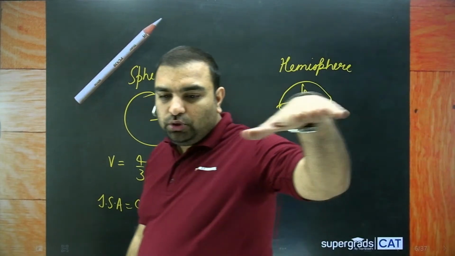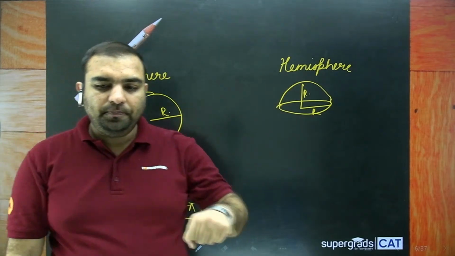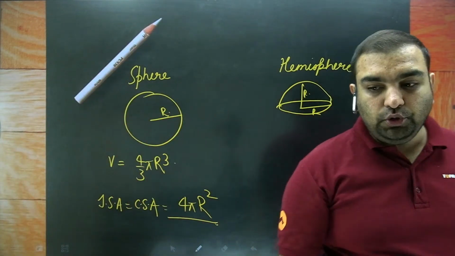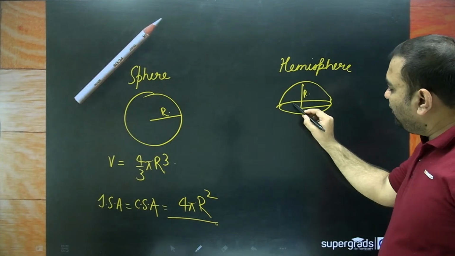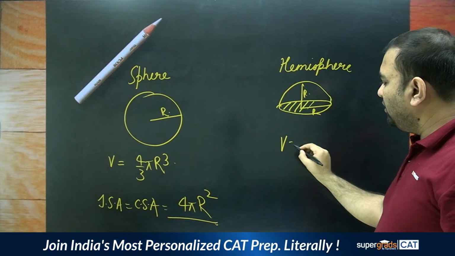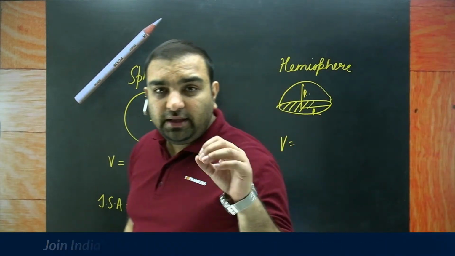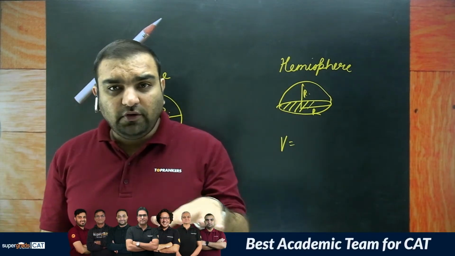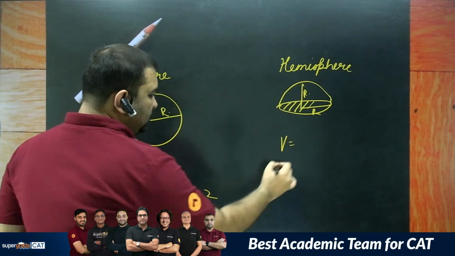अगर मैं इसको टू इक्वल पार्ट्स में डिवाइड कर देता हूं, if I cut this sphere into two equal parts, now there is a formation of a flat surface. बताओ इसका वॉल्यूम कितना होगा? सर as you said, hemisphere is half of the sphere, so इसका half कर देते हैं 2 by 3 pi r cube.